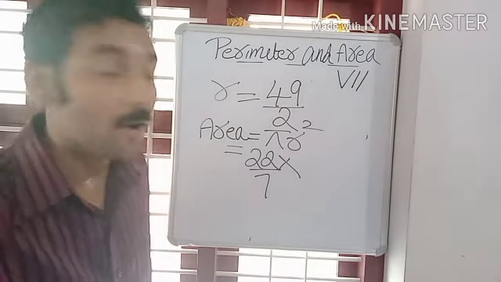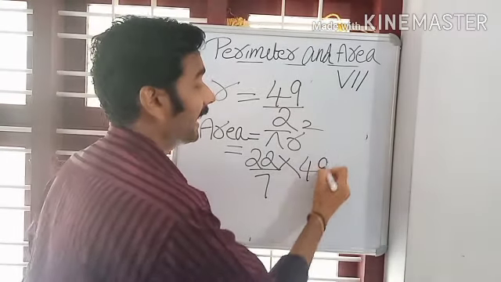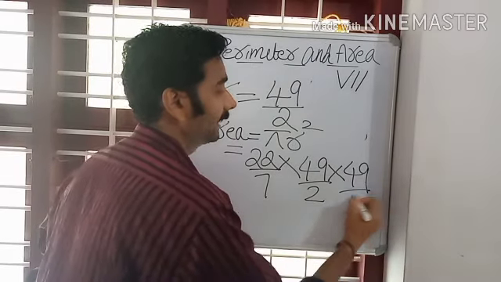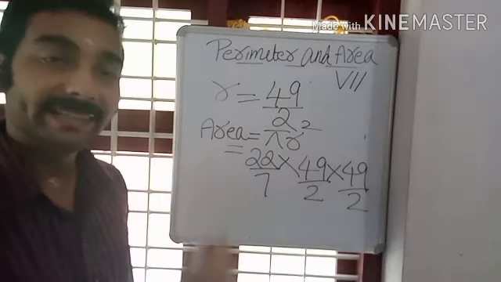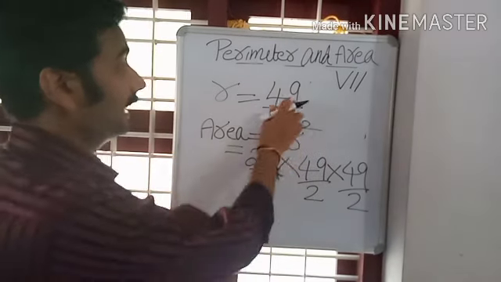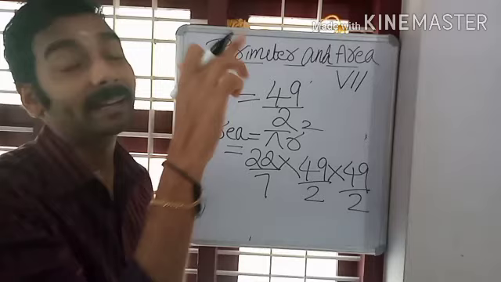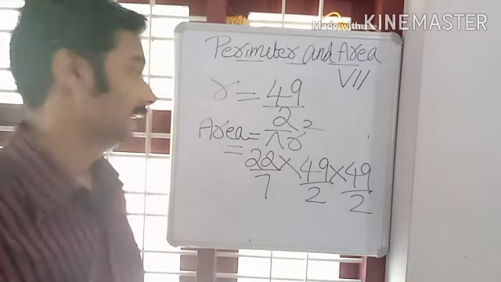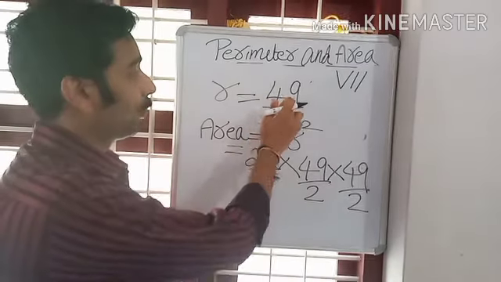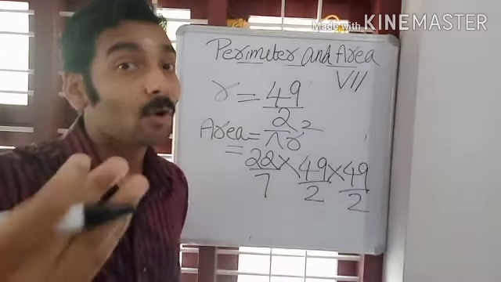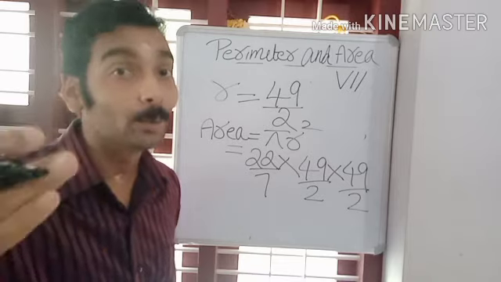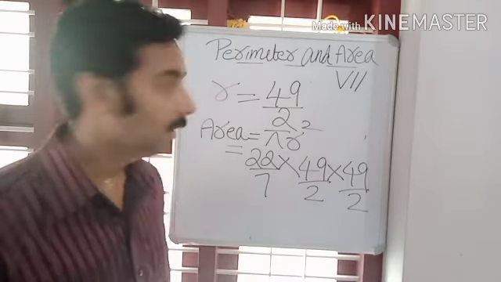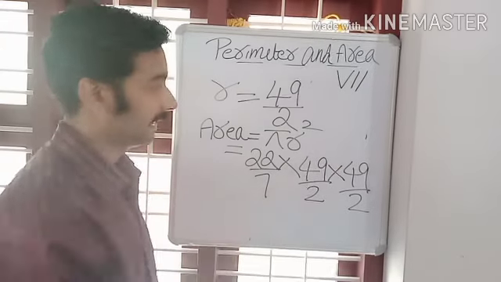Then r square is 49 by 2 into 49 by 2. It is good; otherwise the radius becomes a decimal. It is your choice. R is 49 upon 2, so r square means 49 upon 2 into 49 by 2. Then we use the cancel method.